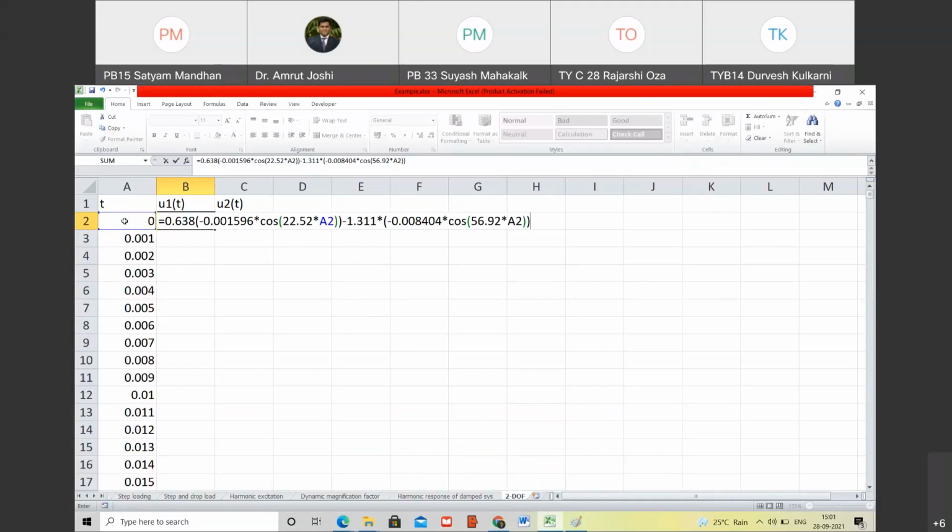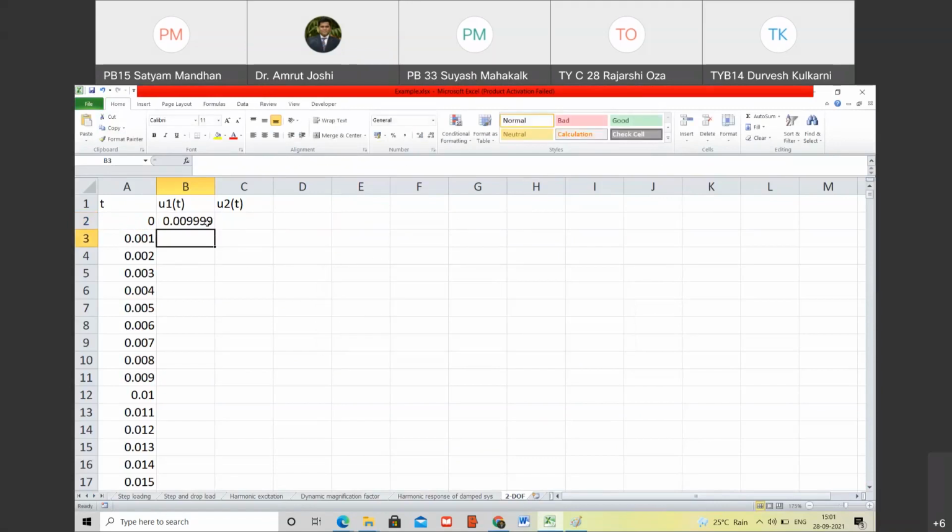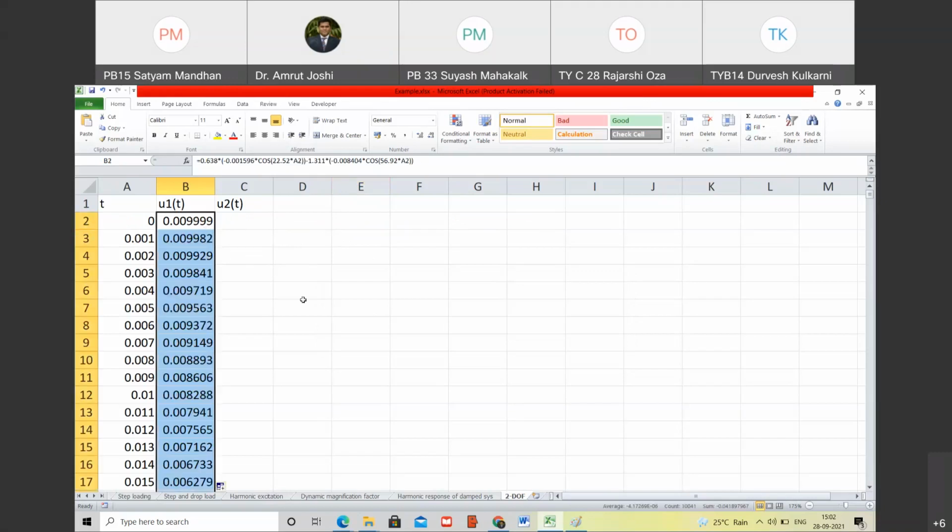Okay. So let us find out this. Okay. Hopefully this is correct. This bracket gets complete here. It is correct. Yes. That's right. So this has been calculated. Now let us write down the expression in the second bracket.